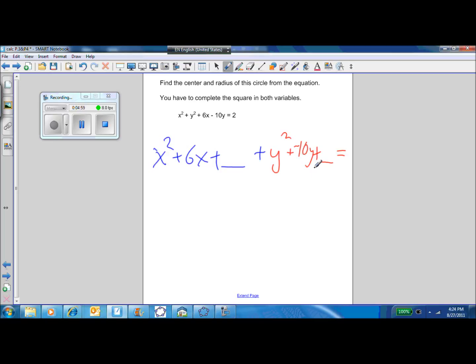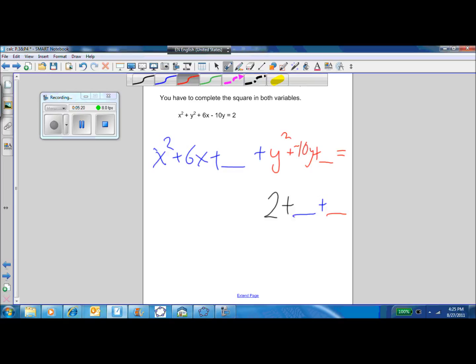We still have the 2 there from originally, 2 plus a blank from completing the square in the x's, and we're going to have to complete the square in the y's too.